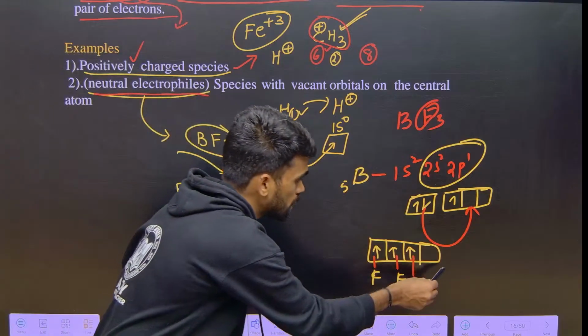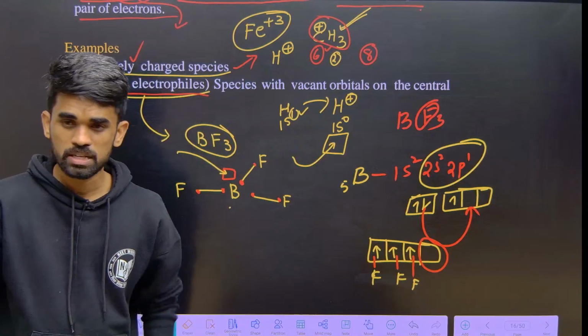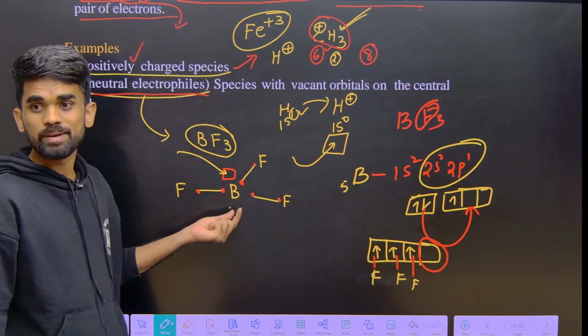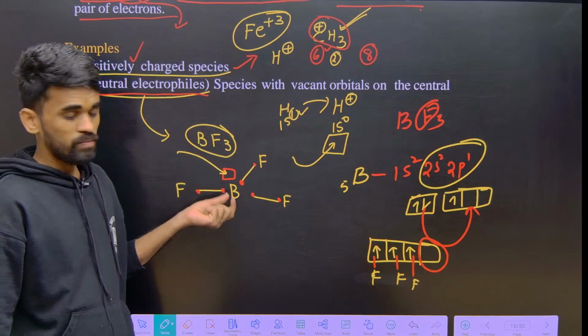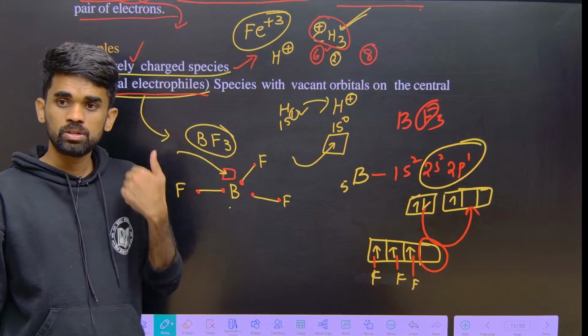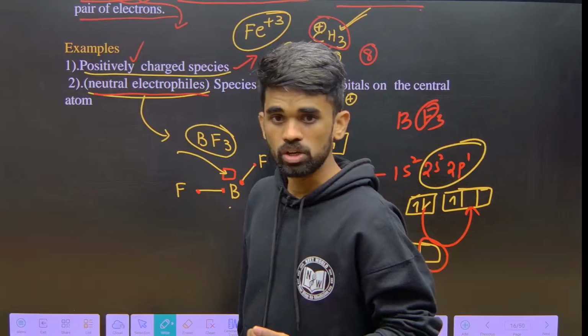Now look here, we have an empty orbital, but there is no positive charge. It is just an empty orbital, so we need to represent that empty orbital only. A vacant orbital is there, and it will try to accept electrons.